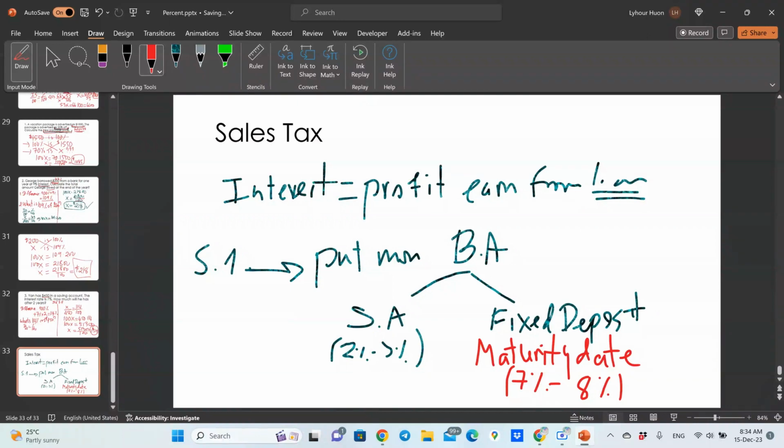I think this is the system in Cambodia. We have a saving account and a fixed deposit. Just extra knowledge: as far as I know, in America we have credit cards. The credit card is when you use money from the bank to pay for your stuff, but you have to pay it back.